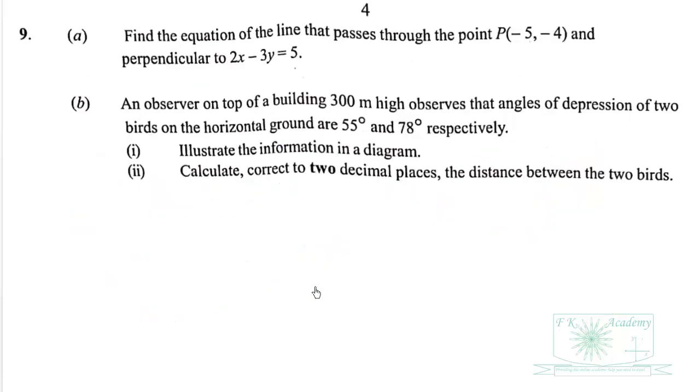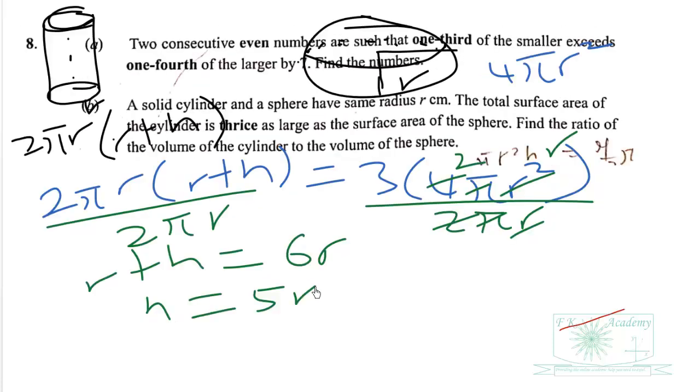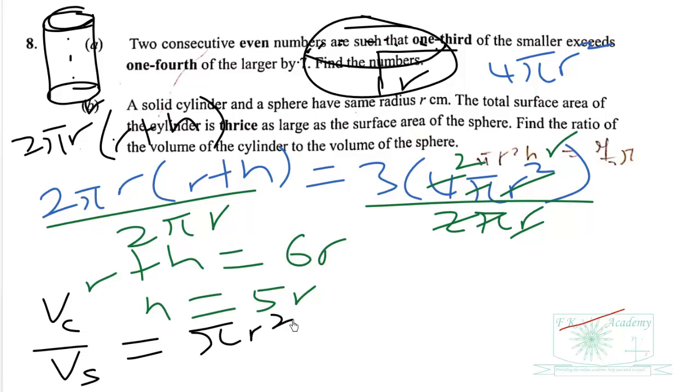So volume of cylinder over volume of sphere will be equal to: volume of cylinder is pi r squared h, the h is 5r, divided by volume of a sphere, which is 4 over 3 pi r cubed.